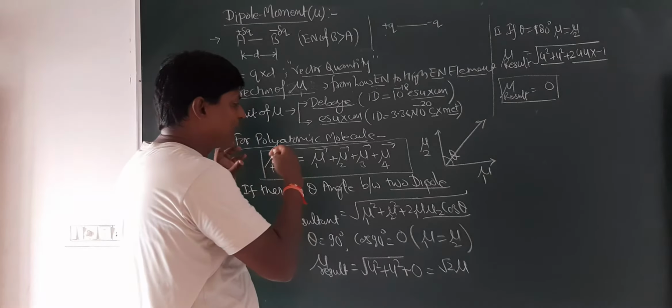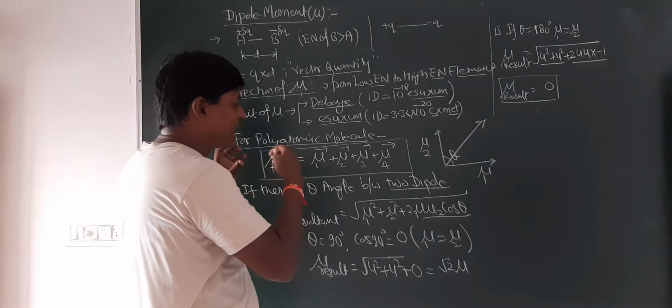So in this case, the 3 dipole moments directed downward will just counterbalance the dipole which is just upward. So in tetrahedral geometry, suppose this central atom is A and these are X, X, X and X.